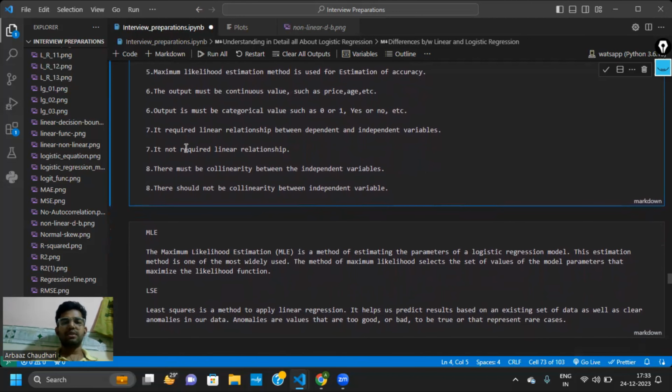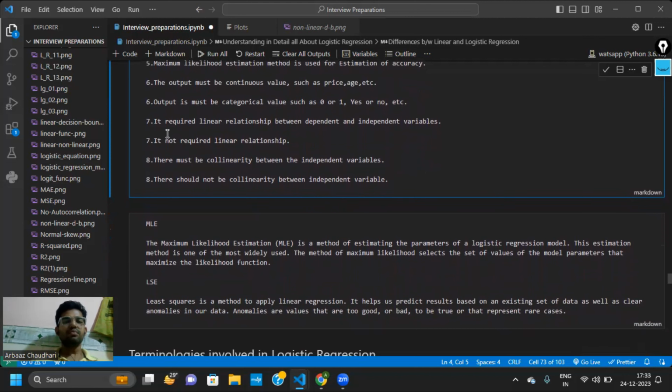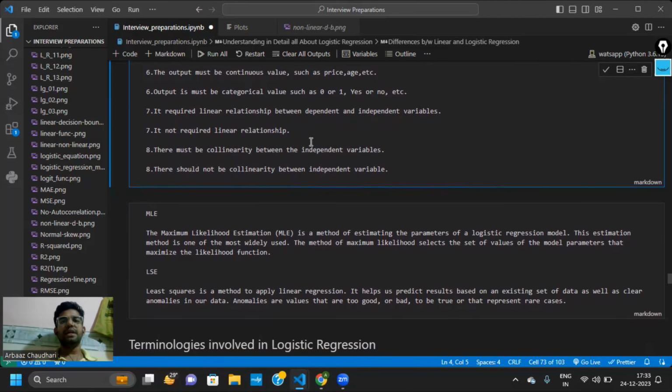Now the next point is 7. It requires a linear relationship between dependent and independent variables. In linear regression, which we saw, there should be a linear relationship. X and Y should have a linear relationship.